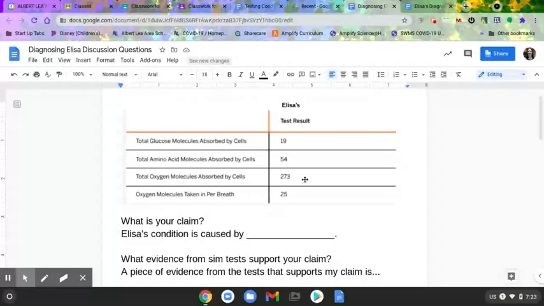That molecule in particular would have to be super low for us to say that that's what Elisa has. Most likely your glucose number is also a lot higher, maybe close to the upper 30s, low 40s, versus this one sitting below 20. So unfortunately, anemia, it's not you.